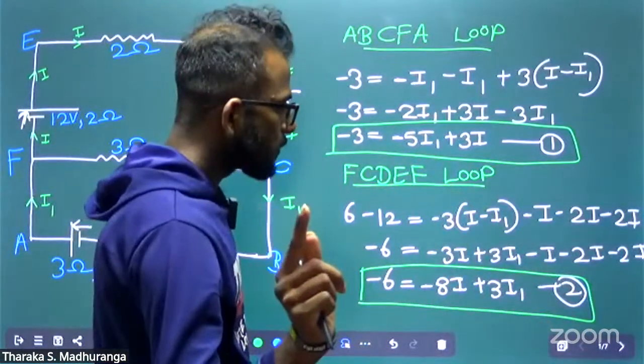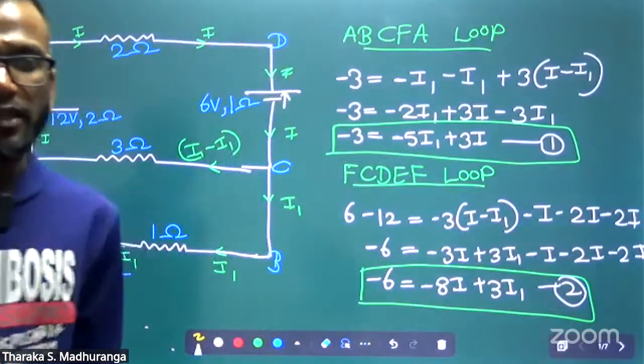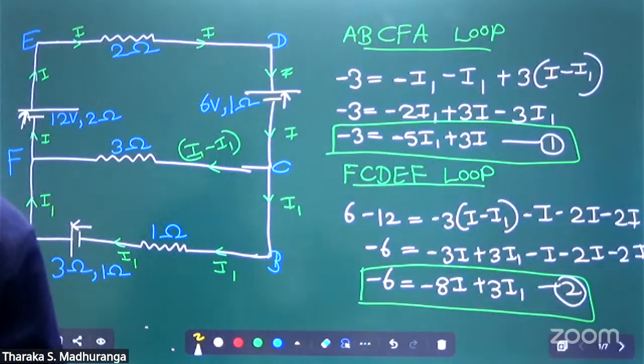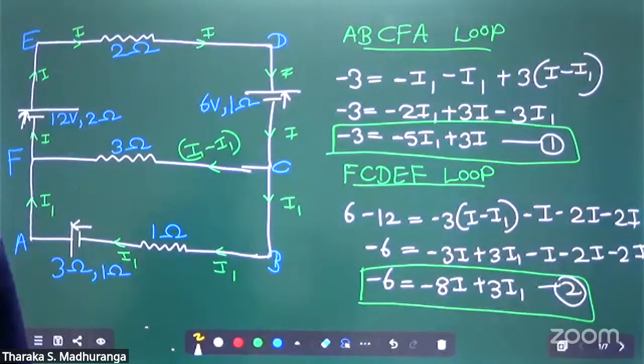I got the I value 1.25, minus or positive, whatever. Minus, positive, okay. Please try to solve your equation. What did you get, Mitu?